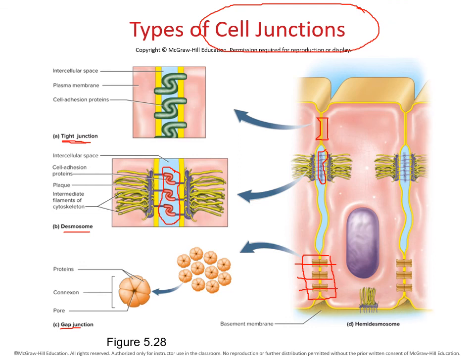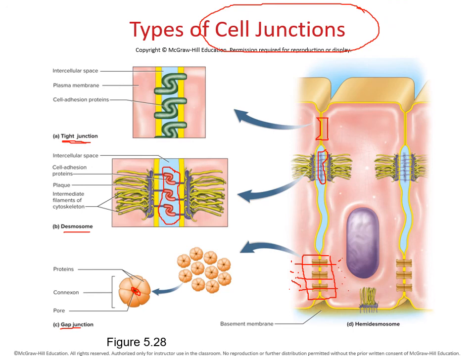So things like chloride, potassium, calcium, these little ions can freely float from one cell into the next cell, because of the formation of this little pore, this little opening in our gap junction.